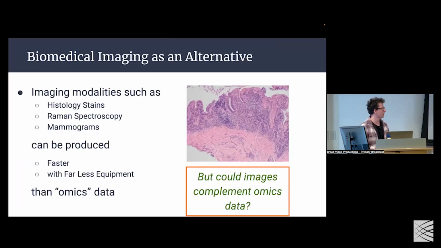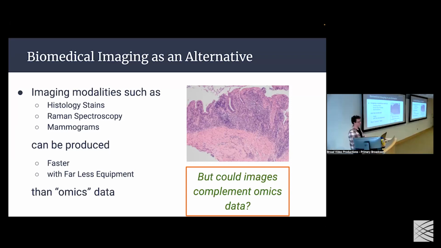That being said, we'd like to consider biomedical imaging as an alternative, spanning a whole range of modalities: more traditional ones such as H&E stains or DAPI stains, more sophisticated spectroscopic modalities such as Raman spectroscopy, as John was talking about before, or SRS, or, as a very long-term goal, more canonical medical images like mammograms and MRIs.